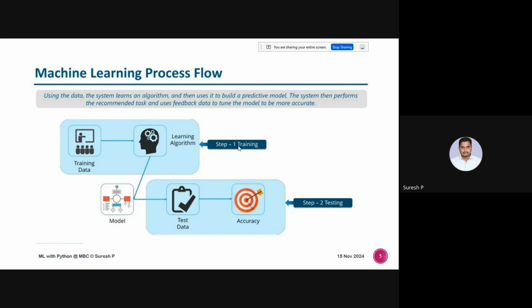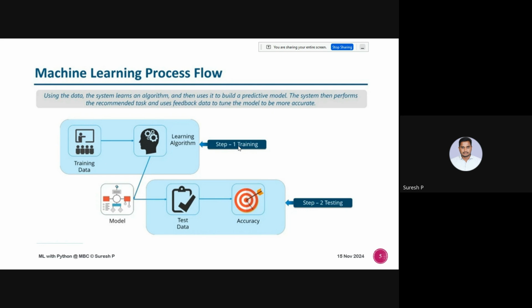During the training phase, the algorithm will try to extract the hidden information from the data. Based on historical data, it will learn something, so the algorithm will be trained. That phase is called the training phase. From the training phase, we can generate a model. Now the model is trained, the model is learned.